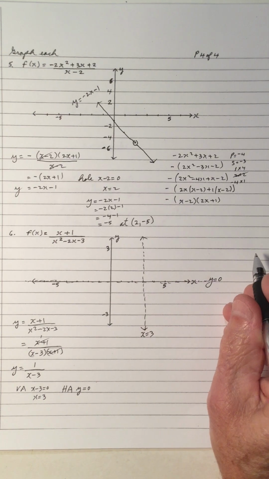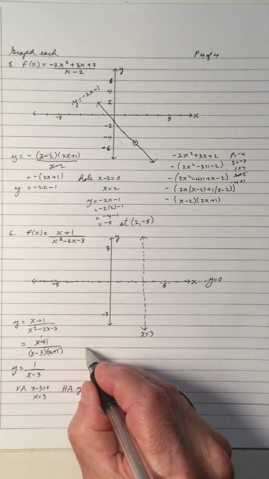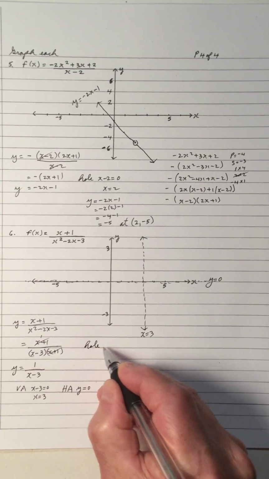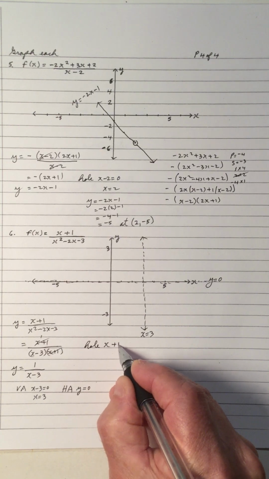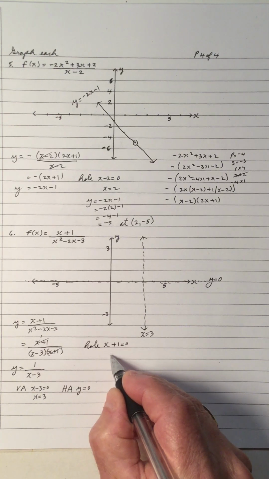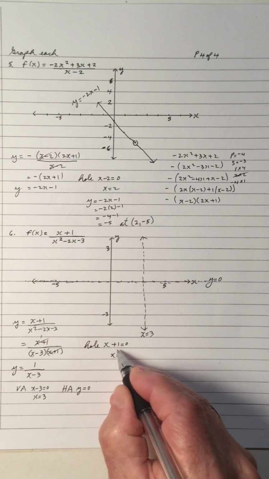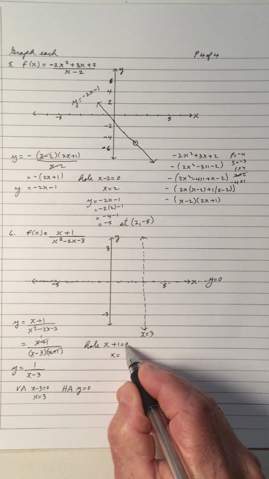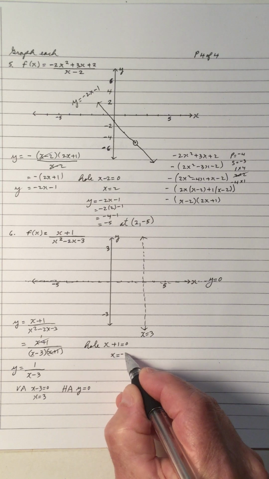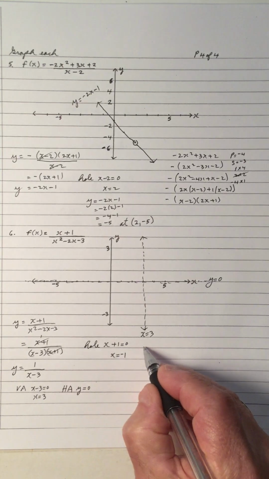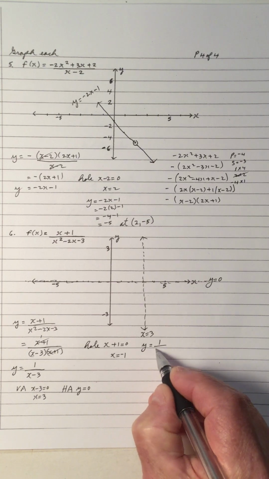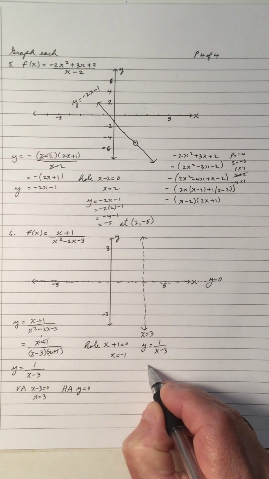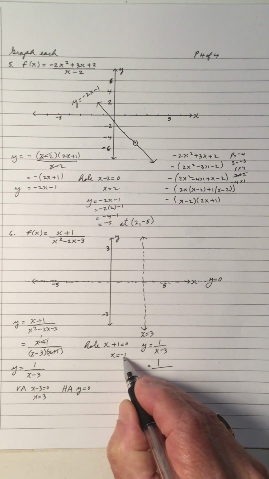Okay, let's look at the hole. The hole is that we canceled out x plus 1. So that means we have a hole at x equals negative 1. We take the equation y equals 1 over x minus 3, and we plug in negative 1.